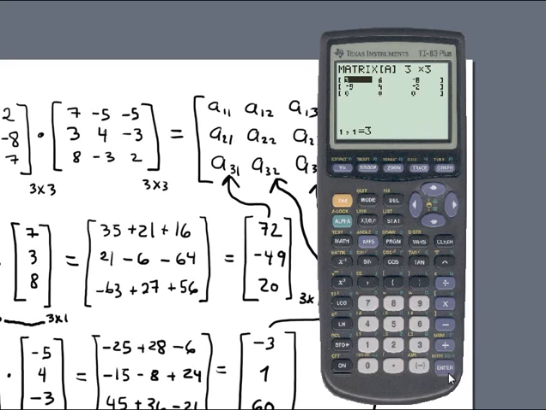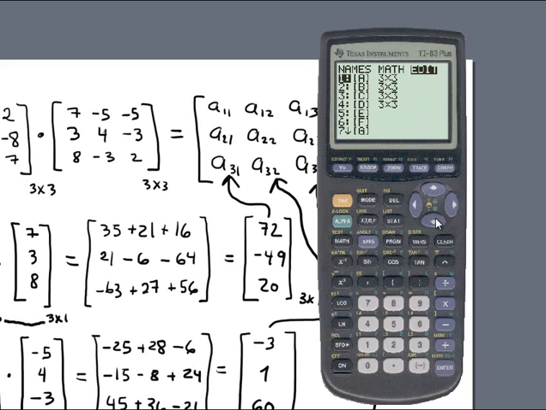Now we have 5, 7, 2, 3, -2, -8, -9, 9, and 7. Okay, second mode, checking. Second matrix A. Perfect. Now edit B.